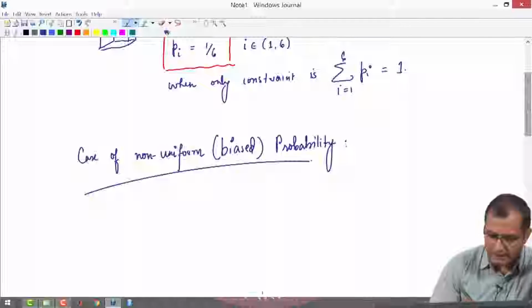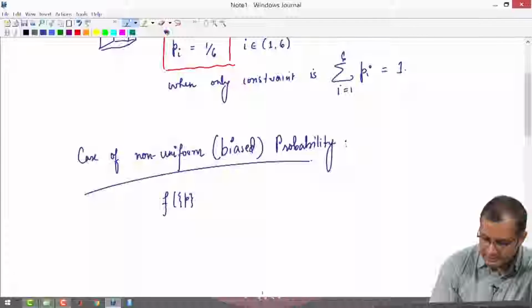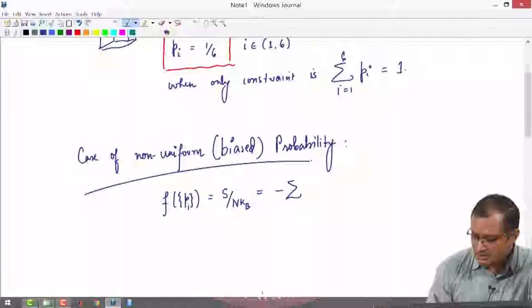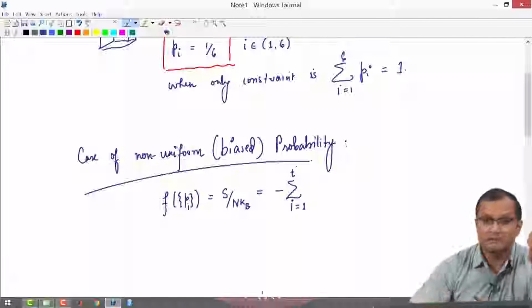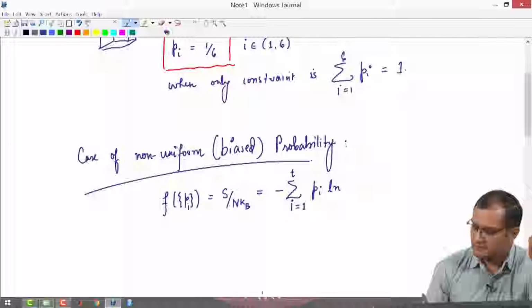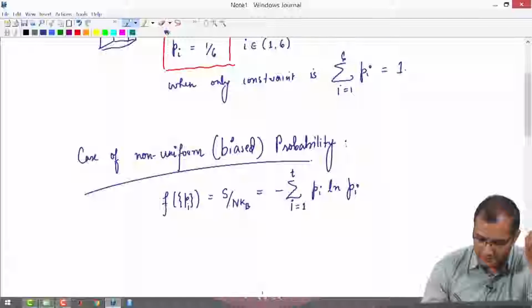This simply means that I have my function of various probabilities as the entropy over N k_B, which is given as minus the summation, i going from 1 to t, since I am taking a t-faced die again, of p_i ln p_i as before.